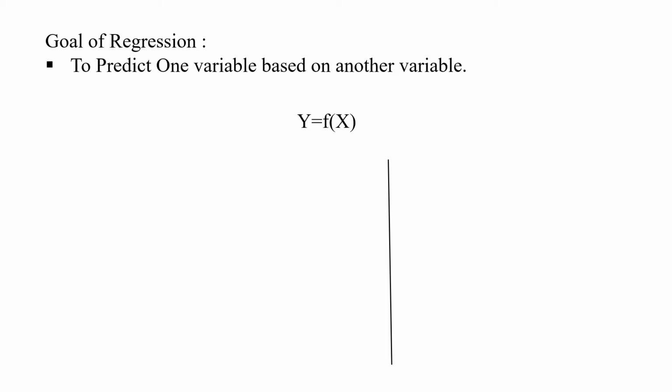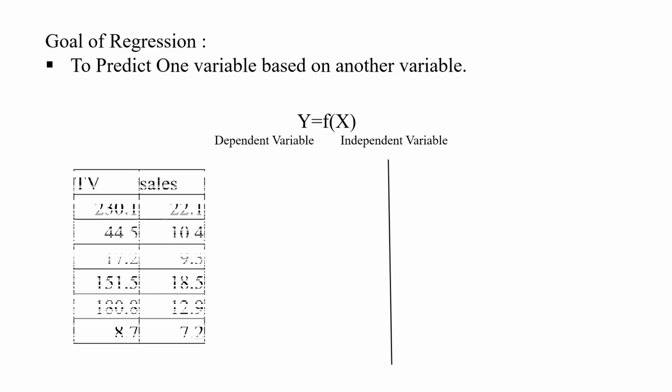So if we are establishing a relationship, it is something in terms of y and x. So y is a function of x. We have already learned that y is our dependent variable, that is, the explained variable or the predicted variable. And x is our independent variable, explanatory variable or the predictor variable.